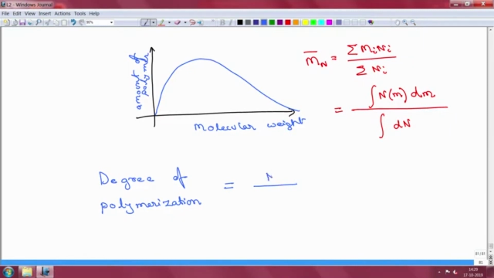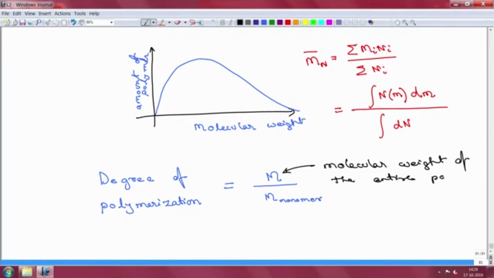So, this is M of the polymer, and you divide it by the molecular weight of the monomer, right. So, this is the molecular weight of the entire polymer molecule, and this is the molecular weight of the monomer.